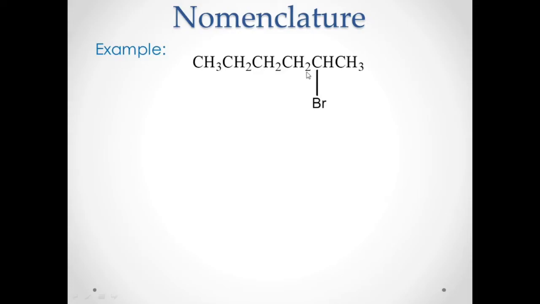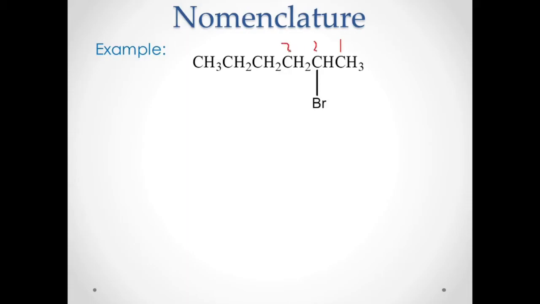While if you are going to number your parent continuous carbon chain on the opposite side, you would get a smaller number for your substituent. Okay, so the numbering would now be coming from here. So this would be your number 1, and this would be your number 2.